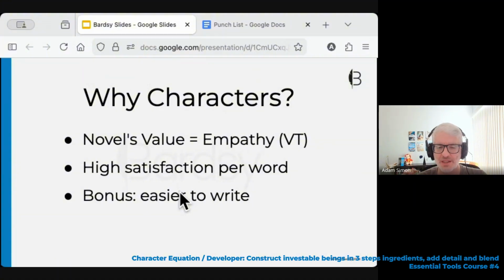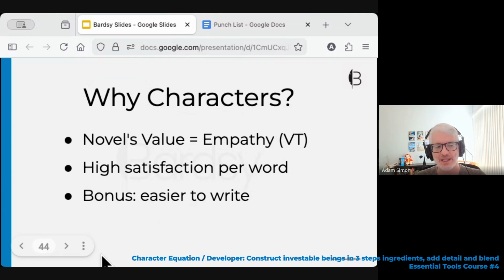The situations they're in, the decisions they face, what they decide to do, and the consequences. That is the nexus of empathy. I'm not going to talk about that so much today, but there's a huge chunk of the book devoted to that. And then finally, you get this bonus.